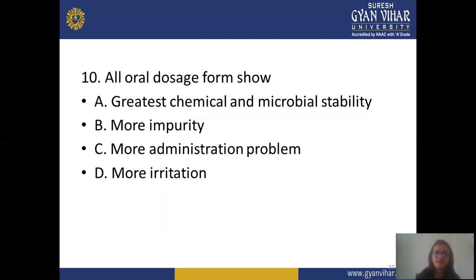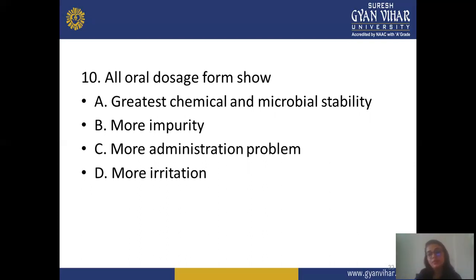The last, 10th question is: all oral solid dosage forms show what? First is greatest chemical and microbiological stability, meaning good chemical as well as microbiological stability, not containing foreign particles or bacteria.